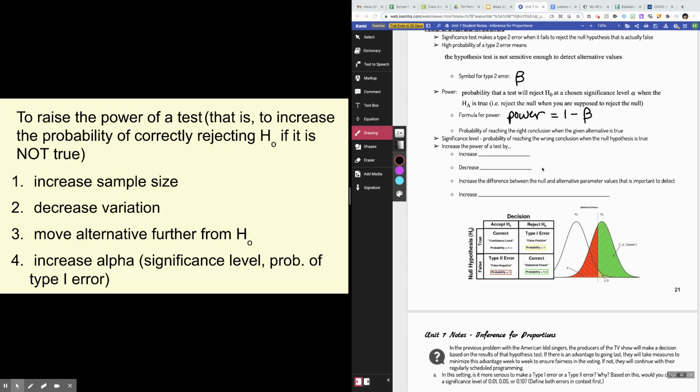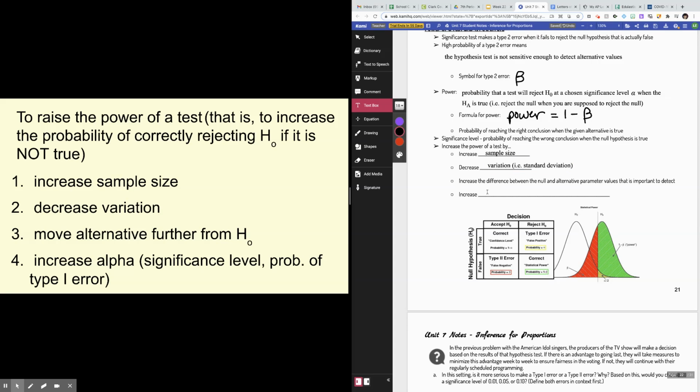So quick summary for you, and this is what kind of goes in your notes here, okay? You can increase the power of a test by doing the following. You can increase the sample size, okay? You can decrease your variation, i.e. your standard deviation. Okay. You can increase the difference between the null and the alternative, right?